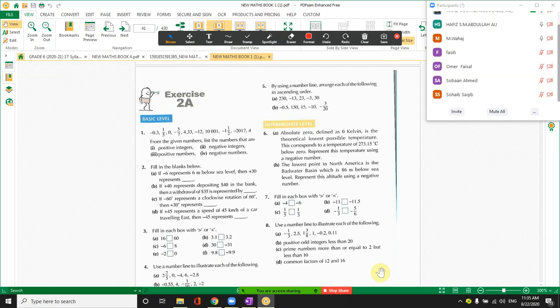I don't know. Bahaj, initially you need to write these values in ascending order. Ascending order means you need to start from the smallest value. So you need to tell me which value is the smallest in part A.